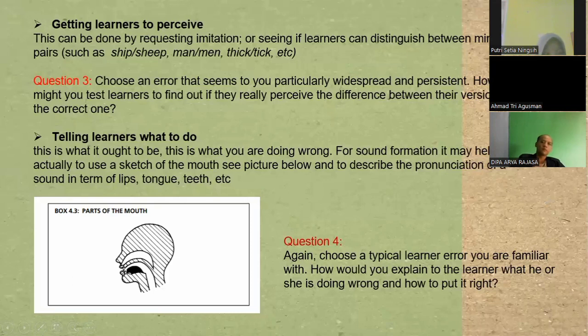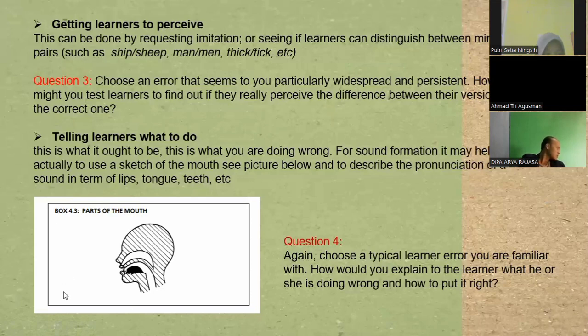See box 4.3. There is a sketch of parts of the mouth. Next, question number 4. Again, take a typical learner's error you're familiar with. How would you explain to the learner what he or she is doing wrong and how to put it right?